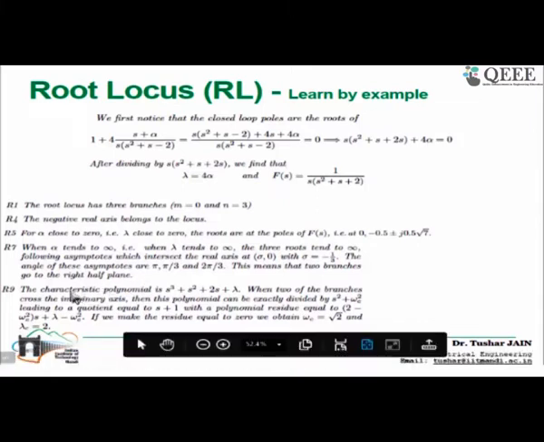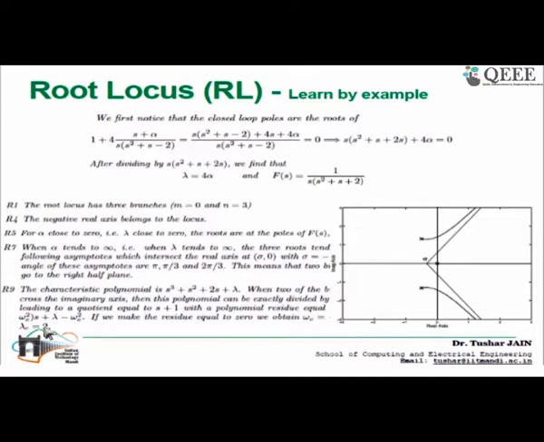So rule number 9 reads: if I have the characteristic polynomial given by this one, when two of the branches cross the imaginary axis, then this polynomial can be exactly divided by s square plus omega c square, leading to a quotient equal to s plus 1 with a polynomial residue equal to this one. And if we make the residue equal to 0, we obtain omega c and this lambda c, where it is going to cross the imaginary axis.